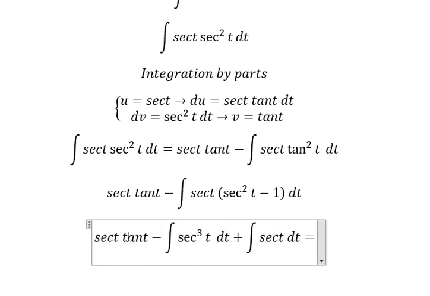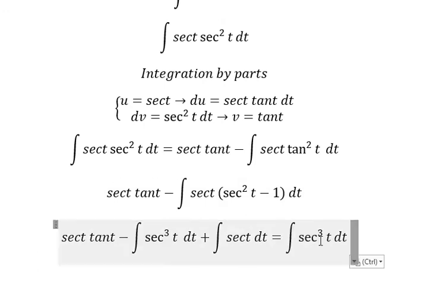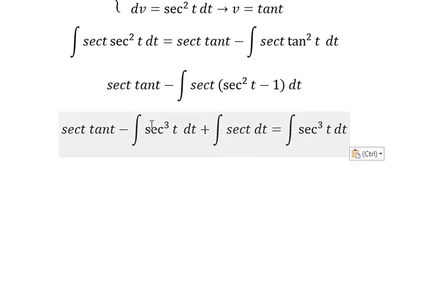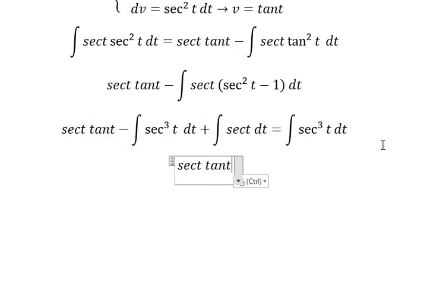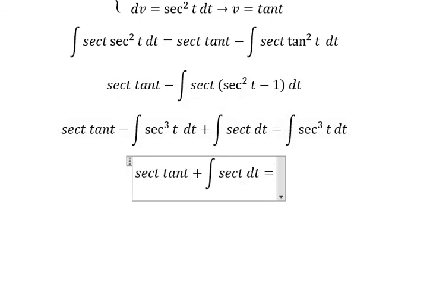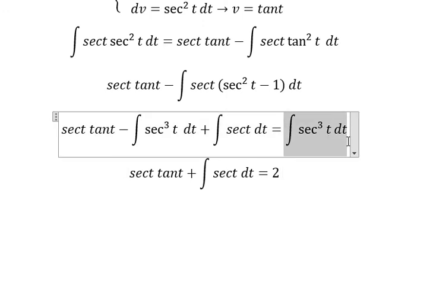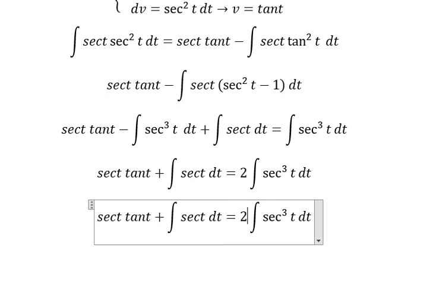And we know that everything in here equals to this one. And now we put this one to the right. And we have this one plus this one, you get 2. And later we divide both sides by 2.